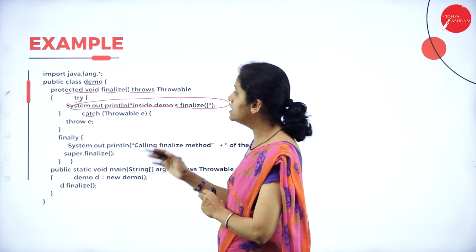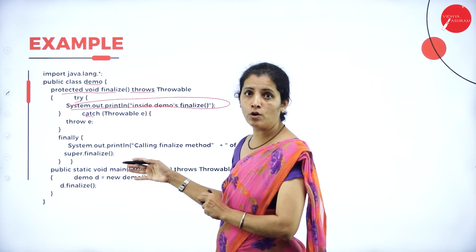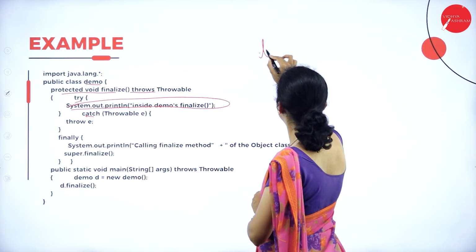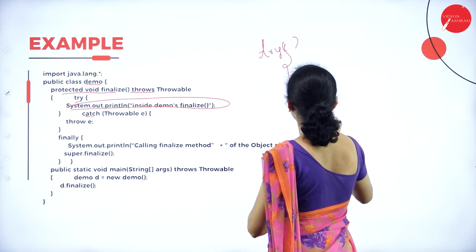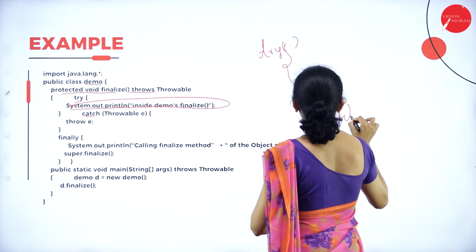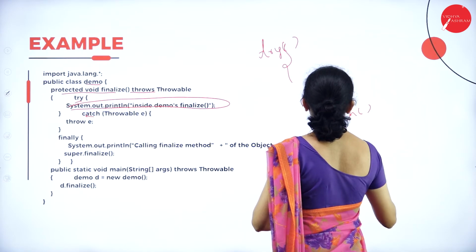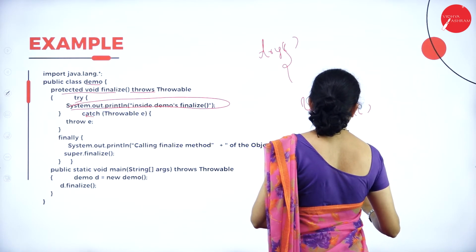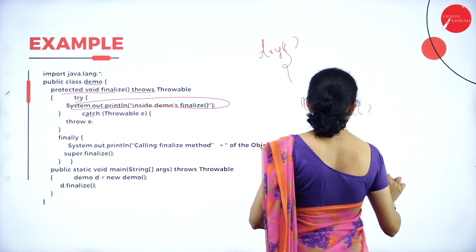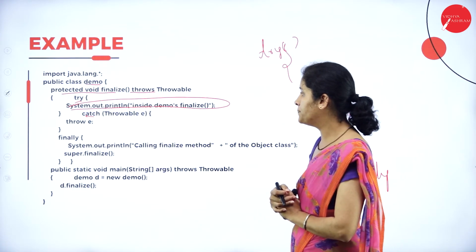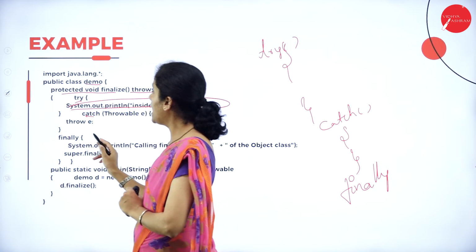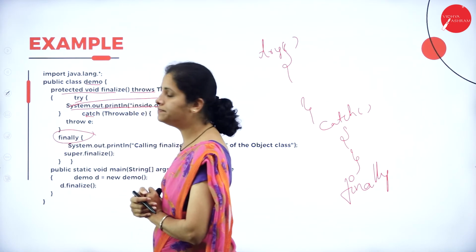Now, see here, this is the scenario I need to follow. First, I have try. This try block is followed by the catch block, and this catch block must be followed by the finally. This is the sequence I need to follow while using exception handling. So, dear student, here I have the finally keyword.